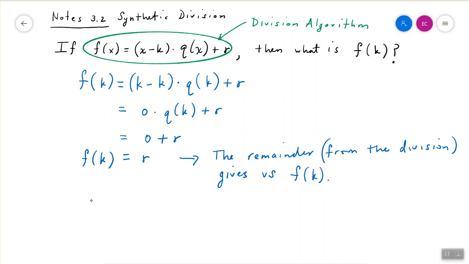And that fact is called the remainder theorem.